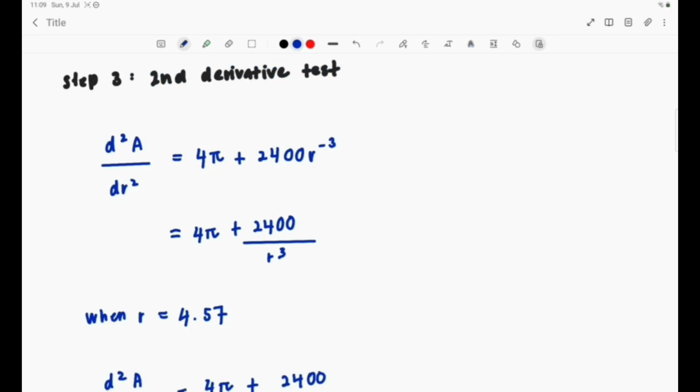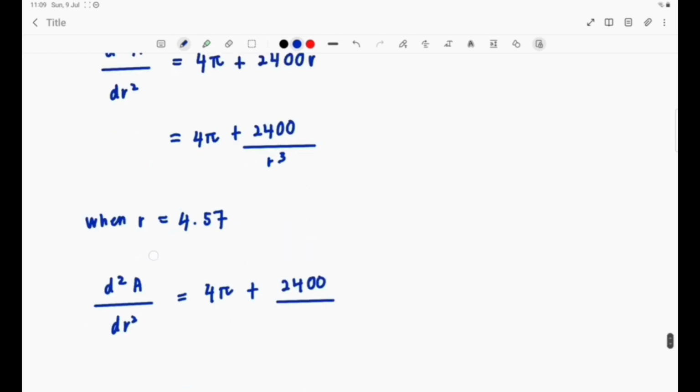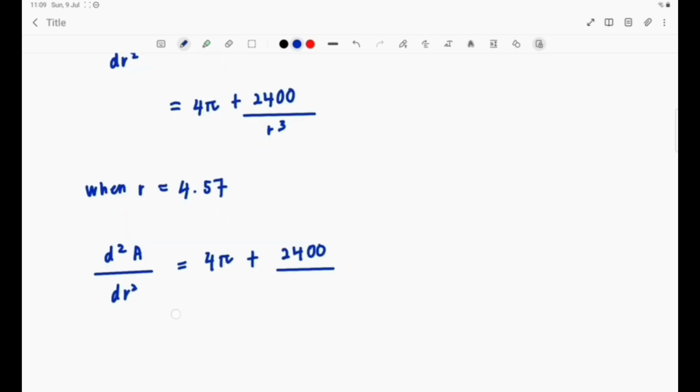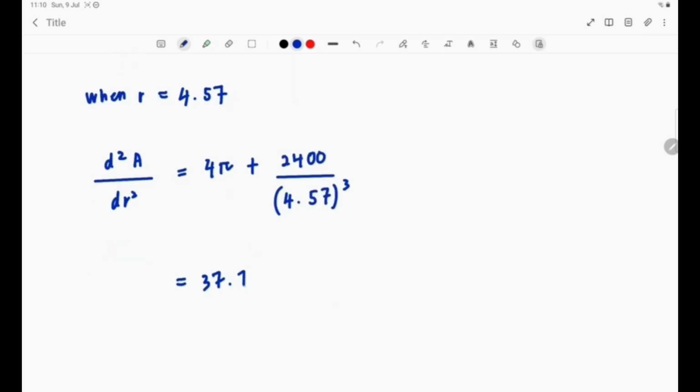The third step, second derivative test. d squared A over dr squared equals 4 pi plus 2400 r to the power of negative 3. We can write it like this. When r equals 4.57, we write the equation down here because we want to let r equal 4.57. d squared A over dr squared equals 4 pi plus 2400 over 4.57 cubed, which is 37.71.